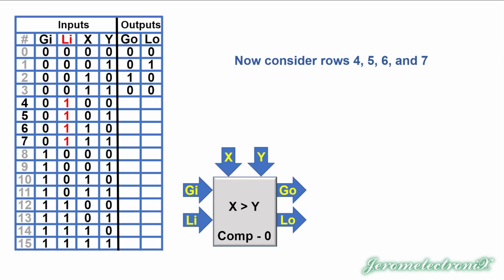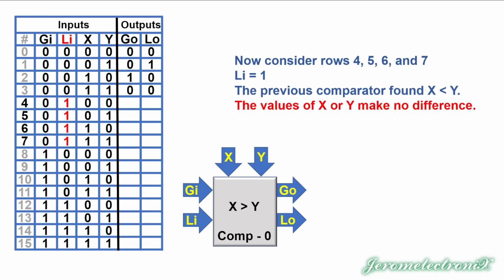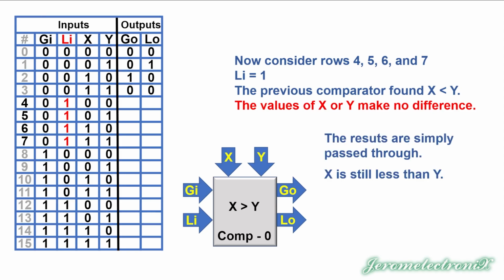If we have already found that x is less than y, then we simply just pass that information through. So the values in x and y make no difference, since we already know that the previous greater column weight produced a value where x was less than y. So the results just pass through. X is still less than y. So we can just put those as the outputs in the GO and LO columns.